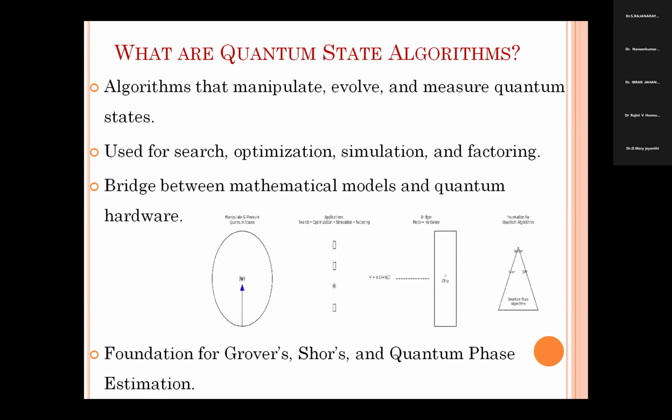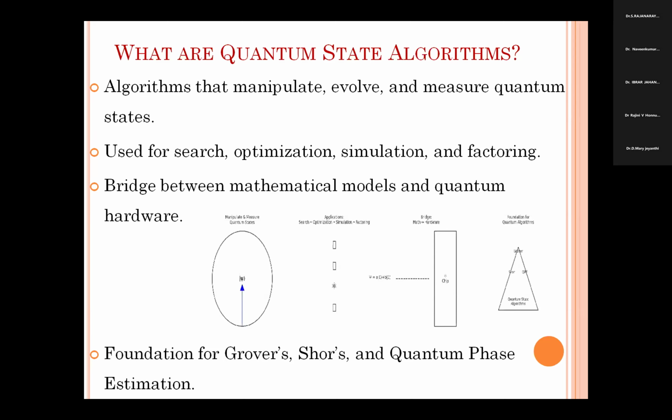Then what are quantum state algorithms? These are algorithms that manipulate, evolve, and measure quantum states. There are four key points.